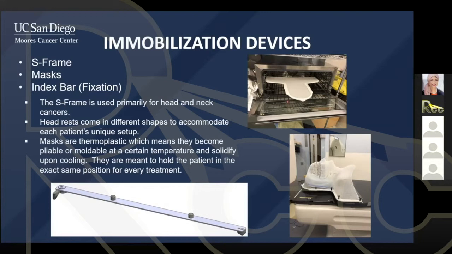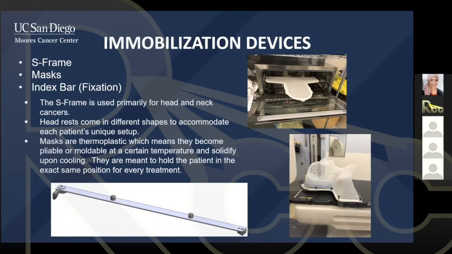They're called shims, and they elevate the body a little bit and allow for more room inside the mask because of the shrinkage. So you can build up the mask a little bit so it's not too tight when it comes to treatment. Or you can leave the patient in it a little longer so everything cools down. Even after the scan is done, if the mask isn't cool yet, it'll still continue to shrink and be very tight. Not sure if that answers the question.